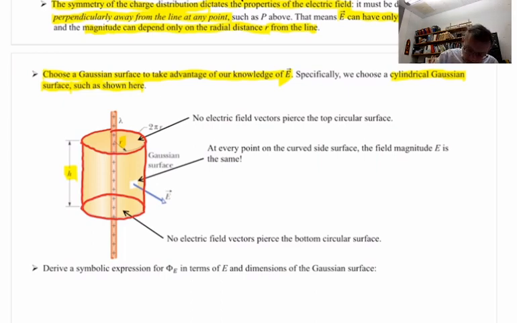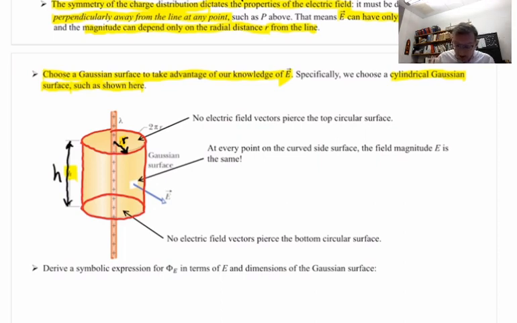We have chosen that cylinder to have a radius r, which contains that point P I was showing you, and it has a height that's some amount h. That h can be anything we want. It turns out it's not going to matter what that h is. So we're going to apply Gauss's law to that cylindrical Gaussian surface.